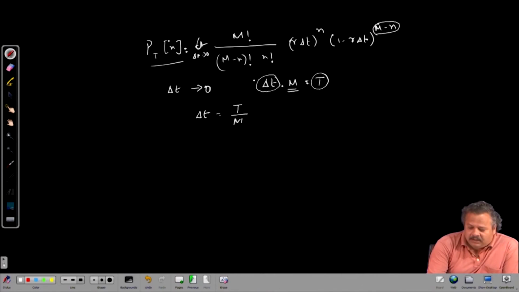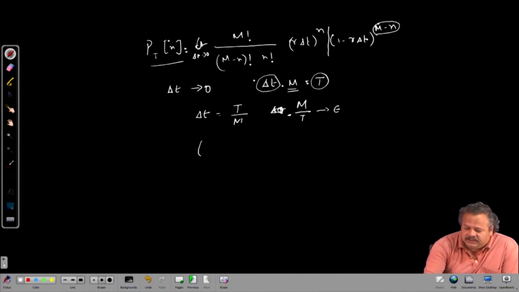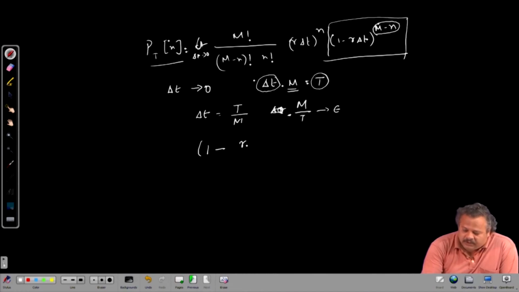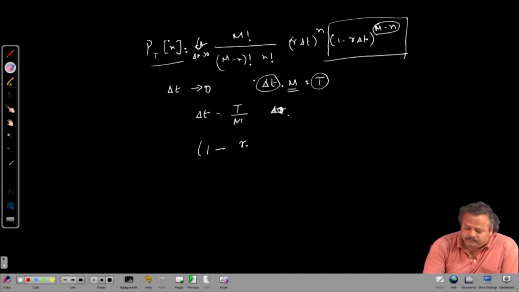And if we replace our delta t by T by m, or if we replace m by T by epsilon, then if we consider this term only, the second part, we have 1 minus r delta t, minus r delta t is replaced by epsilon.